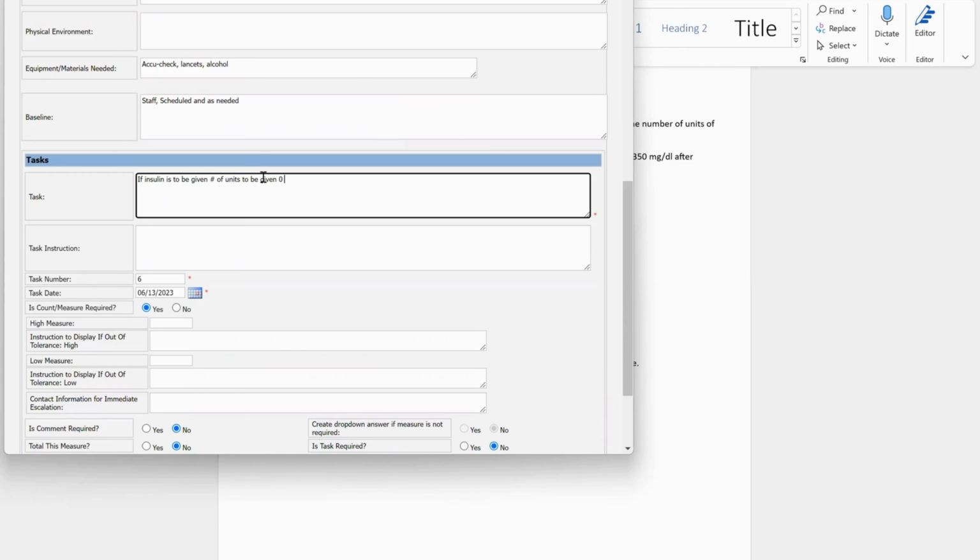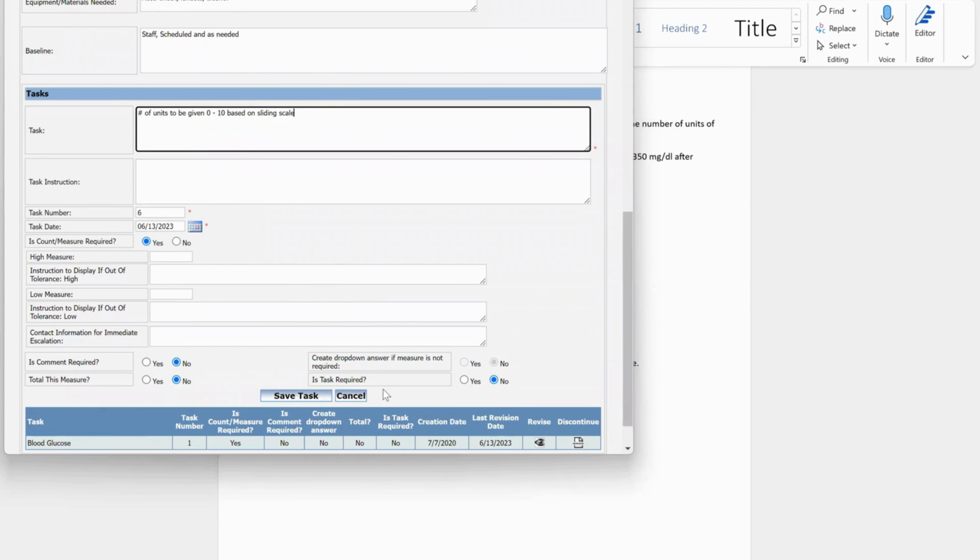That could be 0 through, I think it was 10. Okay. And that's going to be a required task. And that required is important.